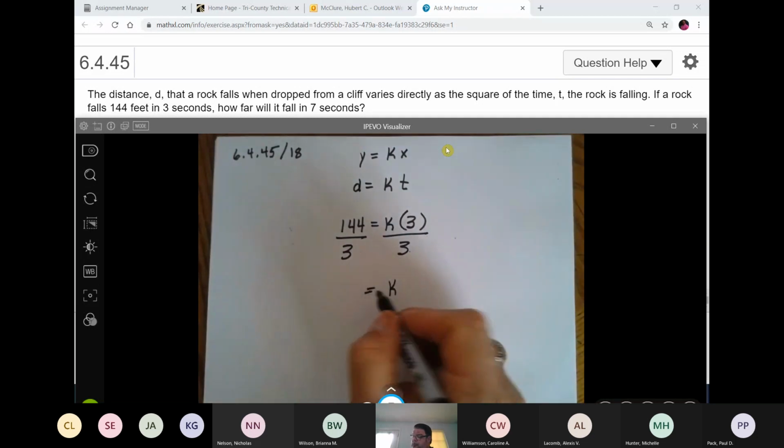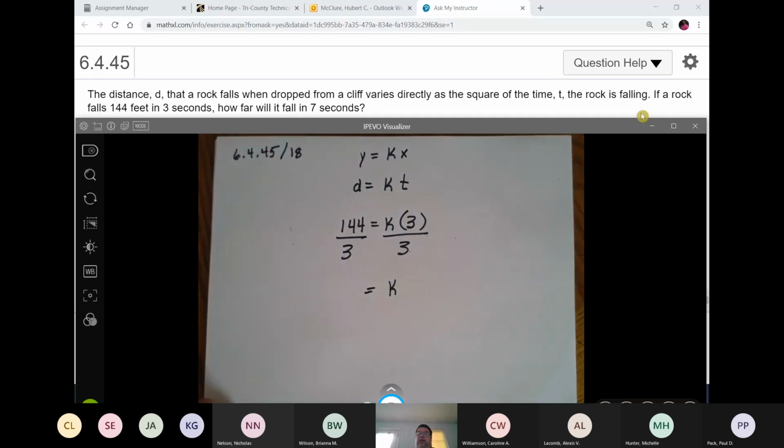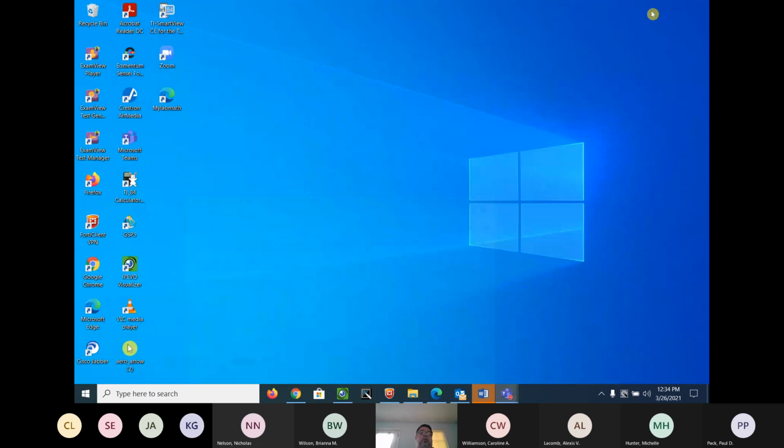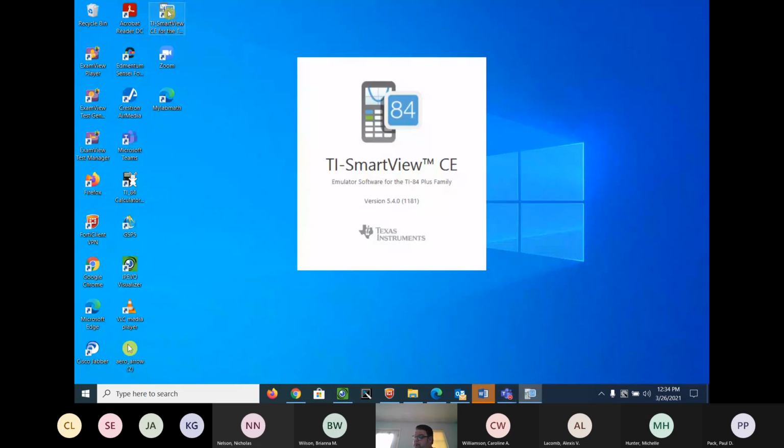K is equal to 144 divided by 3. Take my handy dandy calculator, which I pulled up. I guess it's gone now. Take 144 and divide it by 3. And 3 will go in there, what, 4 times? 24, I get 46.